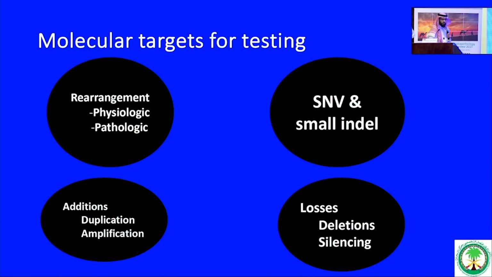Now, why do we do molecular testing? What's our target? When we think about molecular tests, all of the molecular testing targets either DNA or RNA. So we are looking for DNA or RNA changes. One of the reasons why we do it is for rearrangement. So if you think about rearrangement, there is physiologic rearrangement, like in somatic hypermutation, for example.